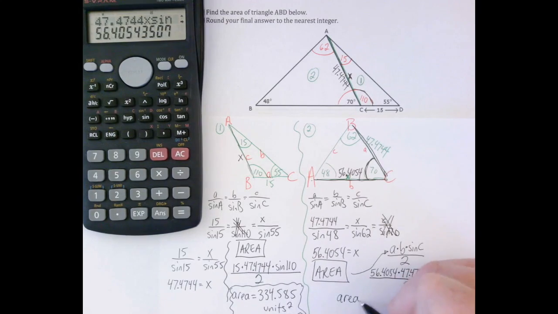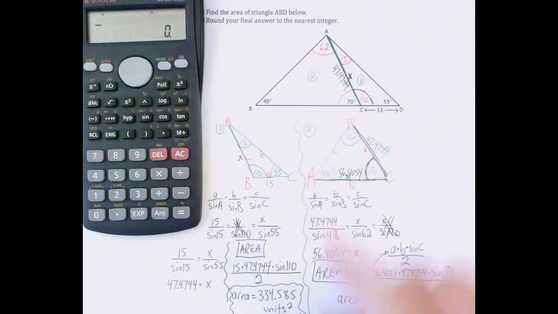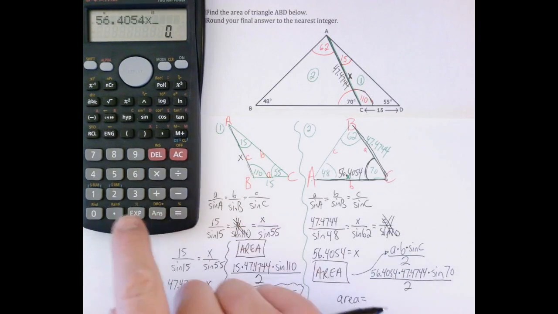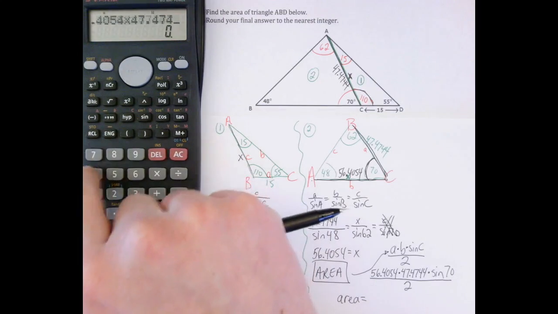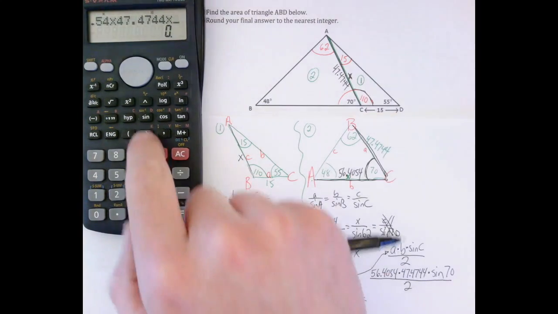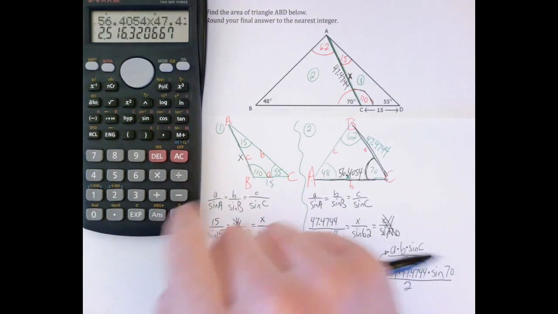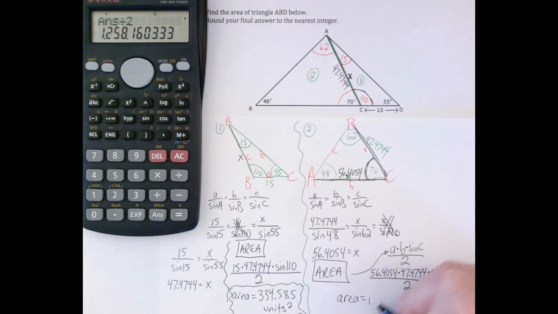And that gives me an area of, after I multiply it out, 56.4054 times 47.4744 times the sin of that angle that's between those two sides, 70. And don't forget to divide by 2 at the end. I've got an area over here of 1,258.16 units squared.